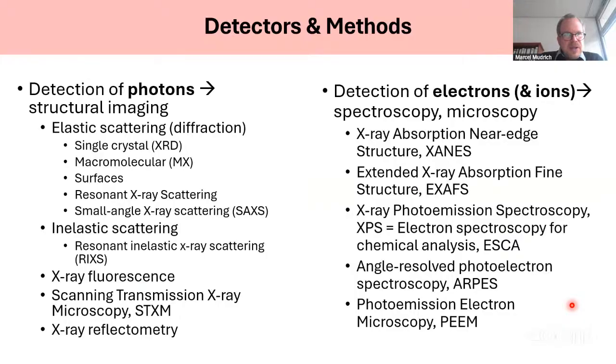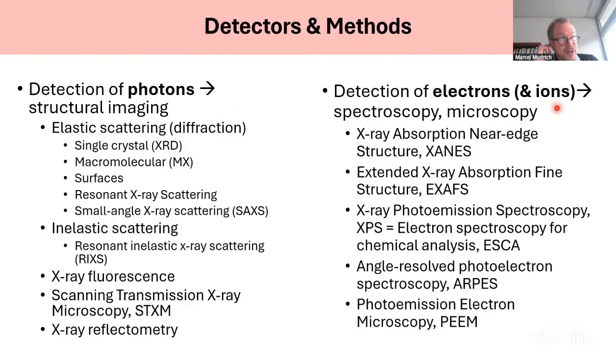This is another recall. So in very general terms, what we can detect is photons that are scattered or emitted by fluorescence or by some other process from the sample, or we can detect electrons and ions.